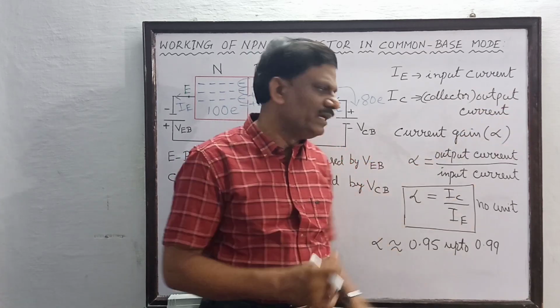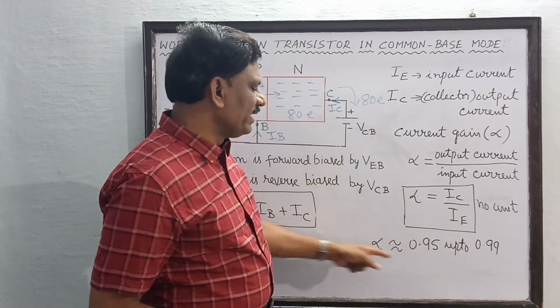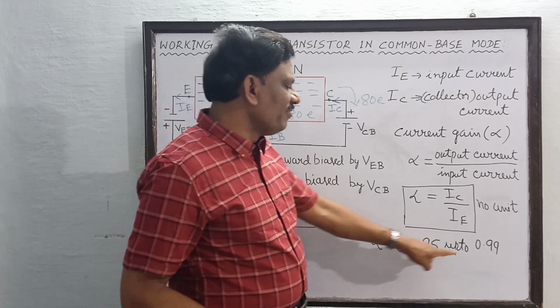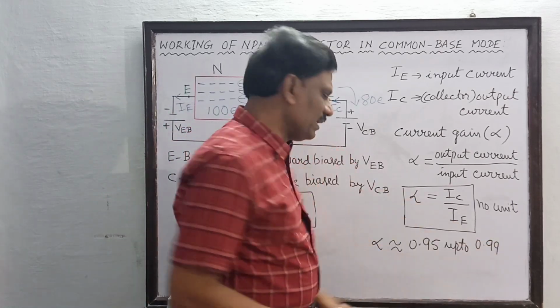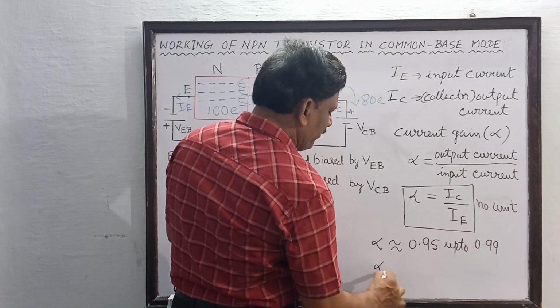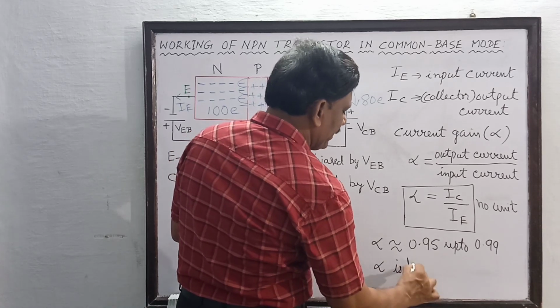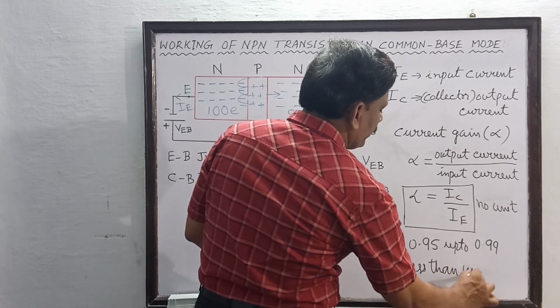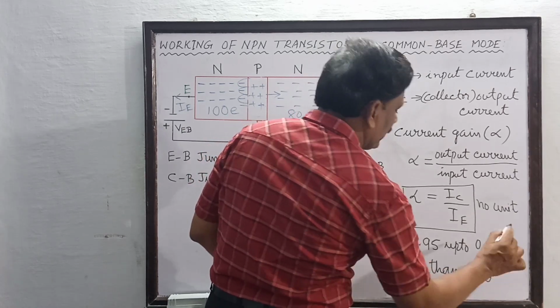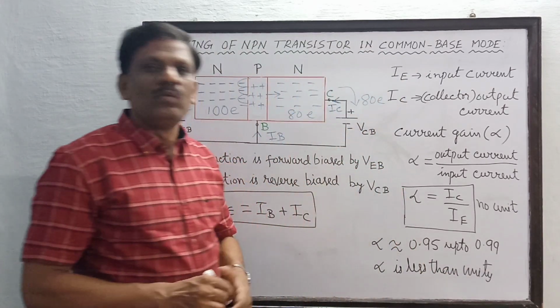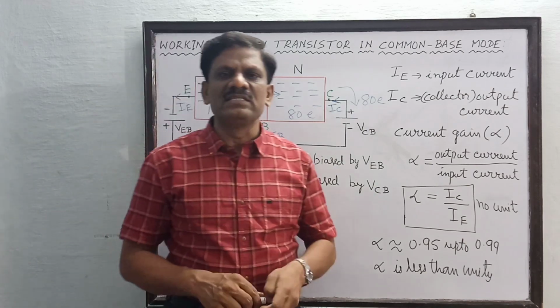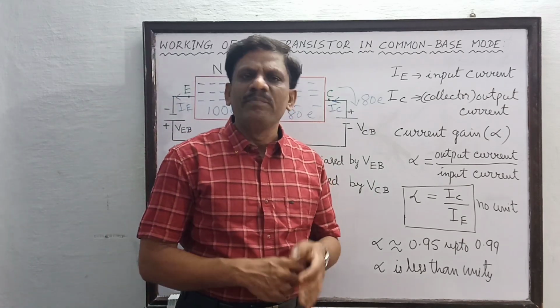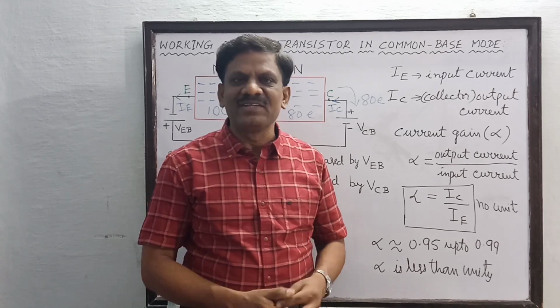That is the meaning. So alpha ranges between 0.95 and 0.99, and alpha is less than unity, less than 1. So this is the working of an NPN transistor in the common base mode. Okay students, have you understood? Well.